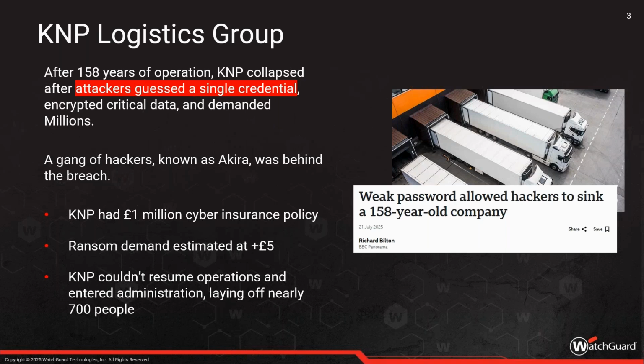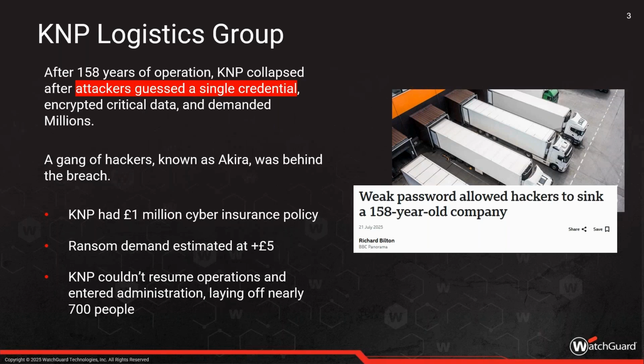This cyber attack initially exploited only a single credential, a guest credential of an individual user, right? That allowed this hacker group known as Akira to infiltrate K&P and start to push ransomware to their various devices and the infrastructure at large.